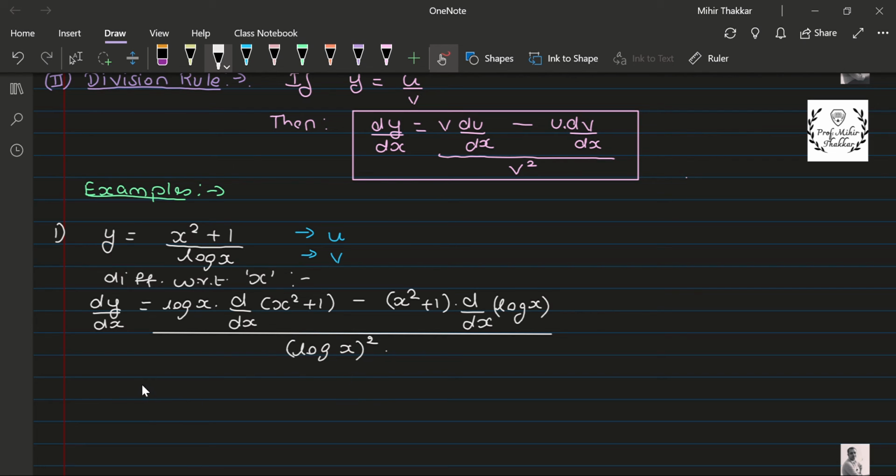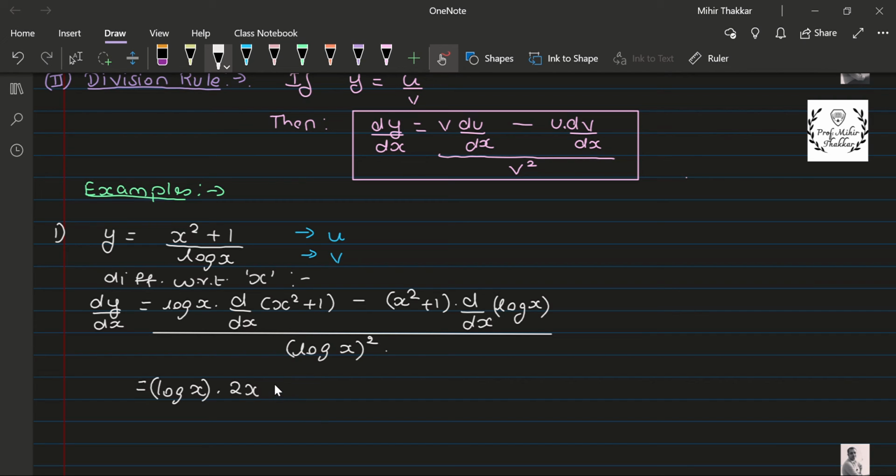Then when we simplify, this log x is outside the derivative, and as you know from the multiplication rule, an element outside the derivative is copied down as it is. So log x is as it is. The derivative of x square is 2x because it is x raised to n, plus 1. 1 is a constant. As you know, the derivative of a constant is always 0.